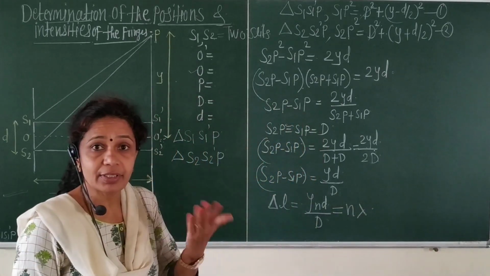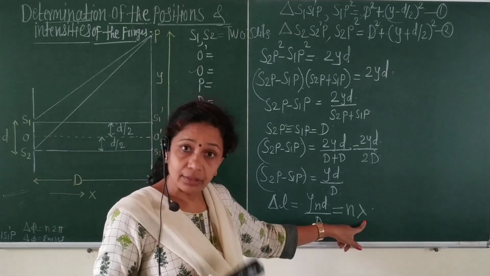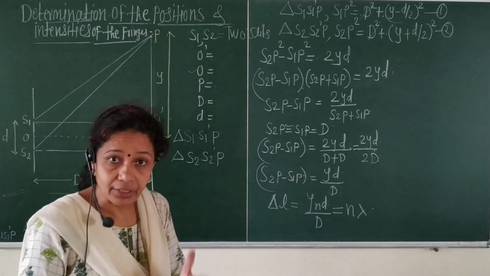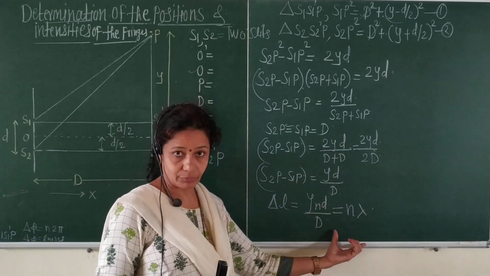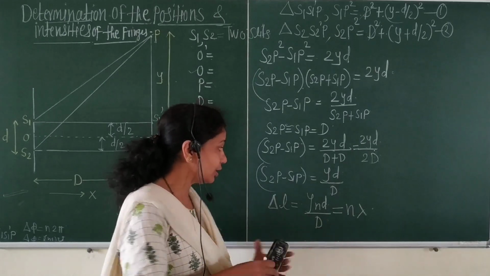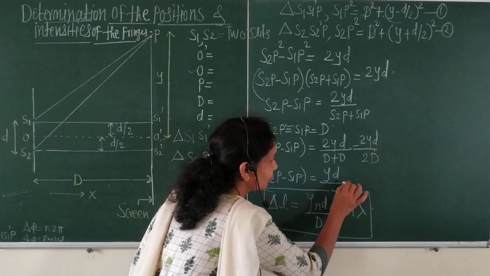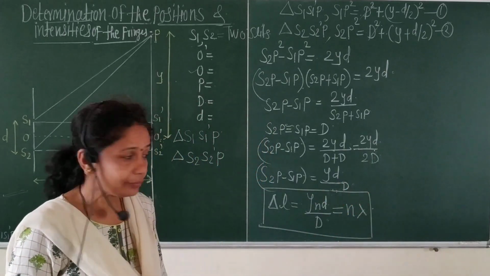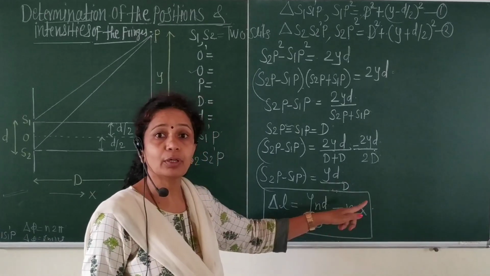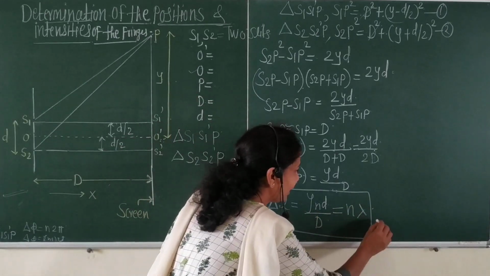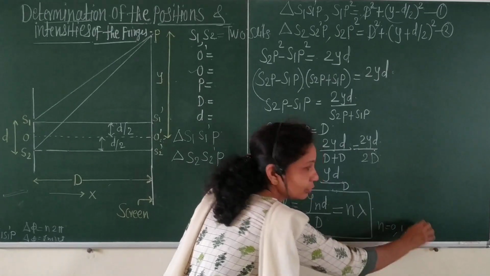If the path difference is an integral multiple of lambda, then the corresponding interference is called constructive interference. This is the condition of constructive interference, when the path difference is an integral multiple of lambda, where n takes the values 0, 1, 2, 3.